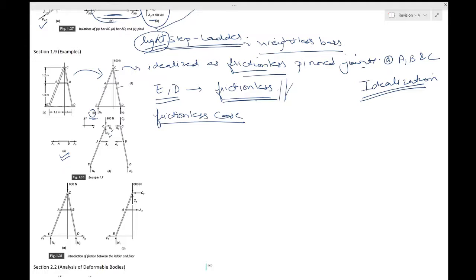and similarly over here you will have a Cy and Cx. The joint at C is internal to that joint, but since you are taking the bars separately you will have to show Cx and Cy separately in these two bars.